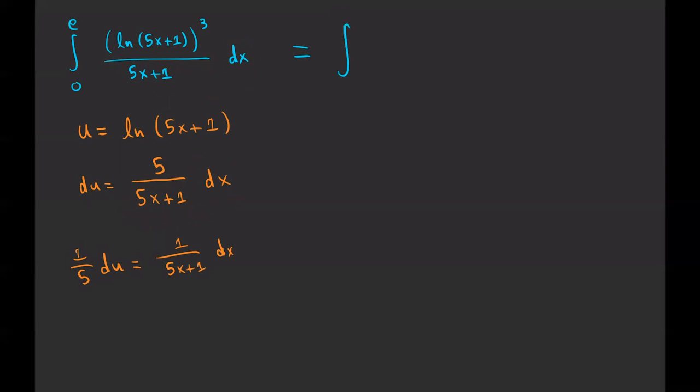I'll have my integral, and then I'll have u cubed right there. And then that dx over 5x plus 1 is just 1/5 du. Let's make that look a little cleaner. And then just tidying that up, let's pull the 1/5 out. You'll notice that I'm leaving off those limits for now. I'm going to go back and do that.